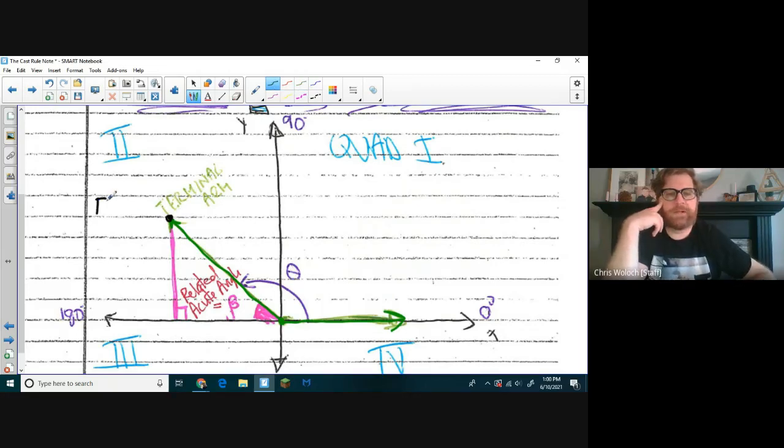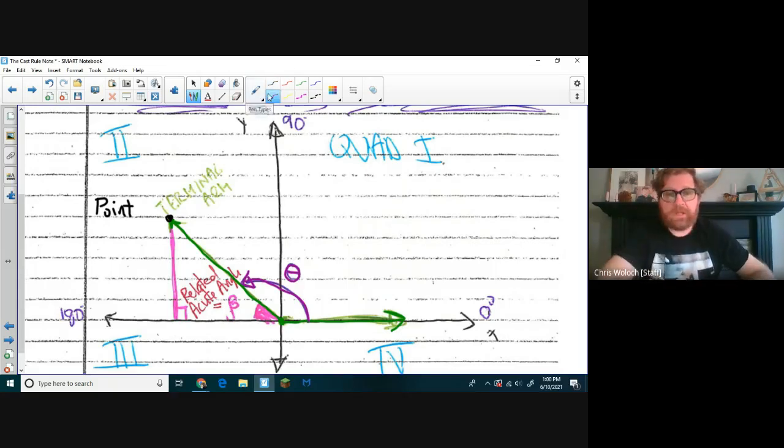And again, this is some point. And this swing of theta takes us into quadrant 2. So quadrant 2 is between 90 and 180.